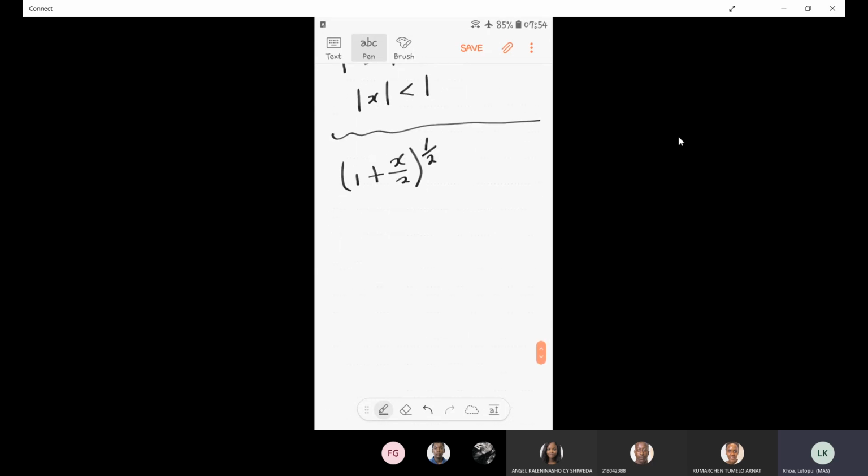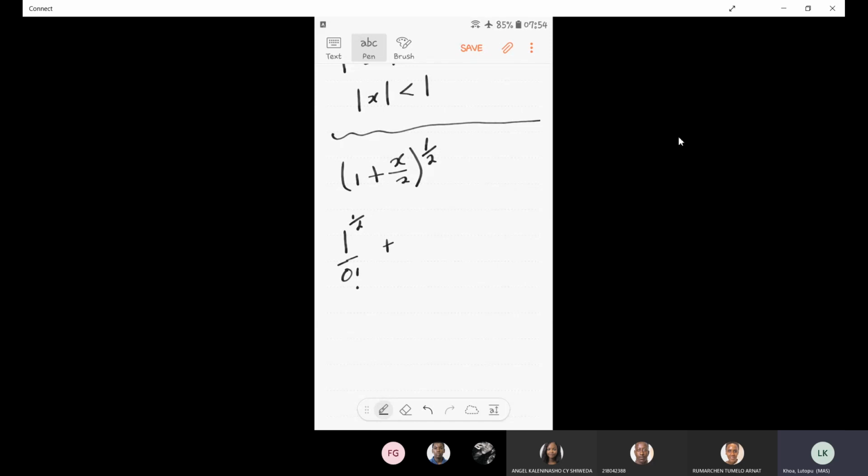Okay, so my first term is just 1 to the power of a half, and then I'm dividing by 0 factorial. So again, this 0 factorial, you don't need to write it, it's just that you don't forget to write it at the point when you start with 2 factorial, 3 factorial, and so on. Okay, that's the first term.